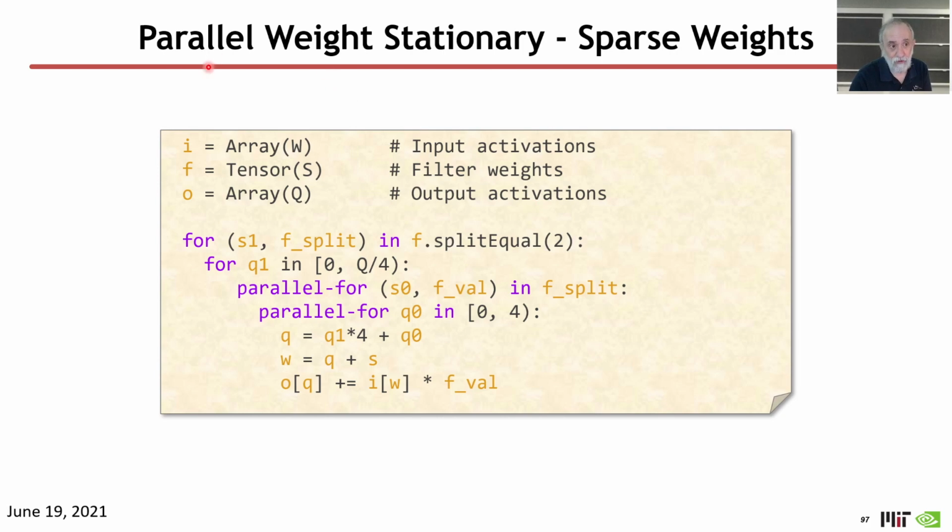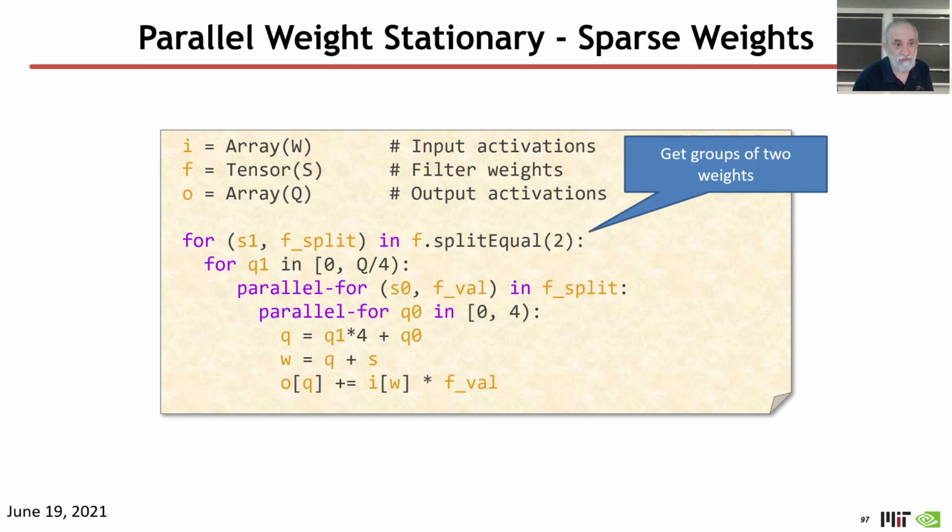This is a parallel weight stationary data flow with sparse weights. And what are we going to do? We're going to first split the weight fiber equally into groups of 2. So I basically get groups of 2 weights, which is what this method on the fiber tree does.